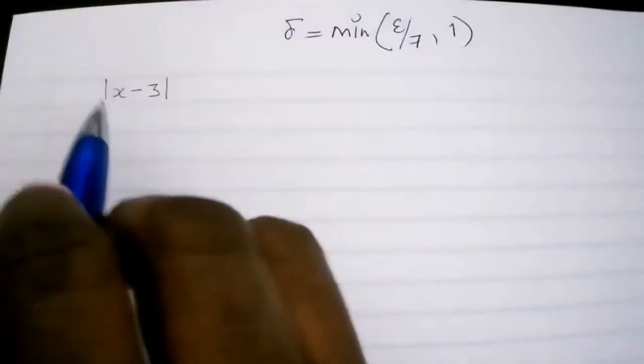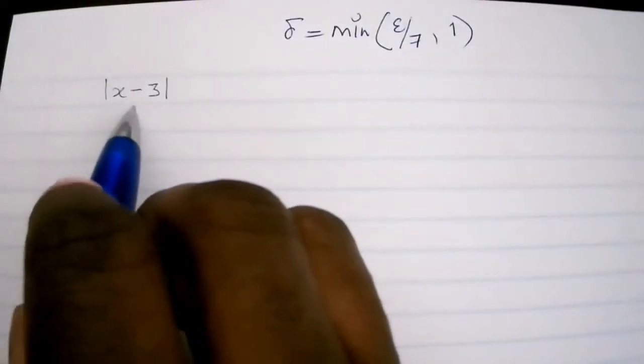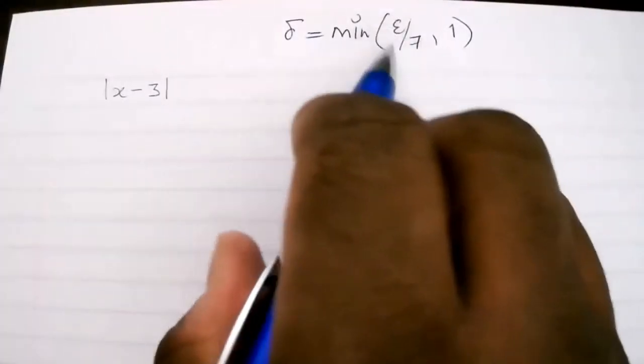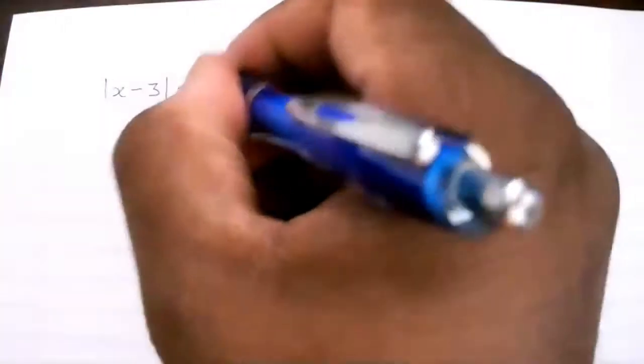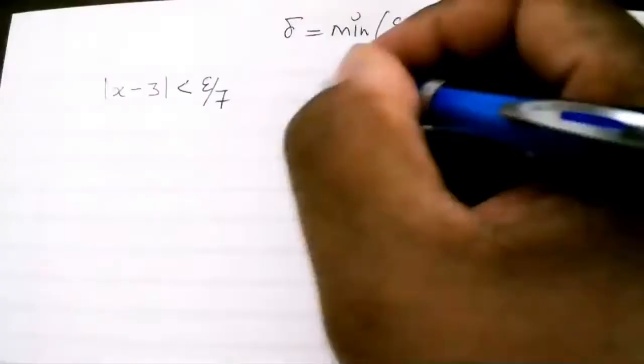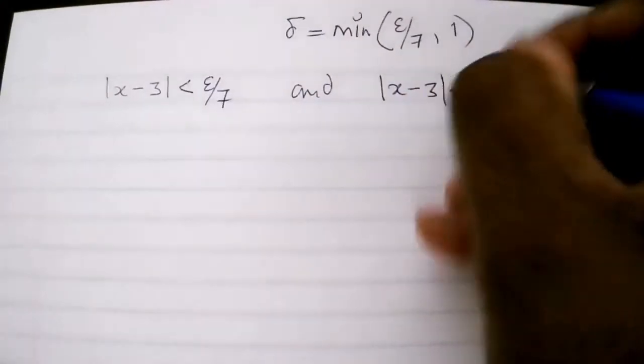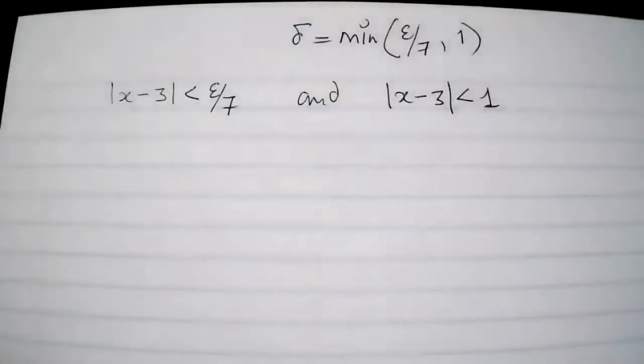So the first assumption is that absolute x minus 3 is less than our delta, epsilon over 7, and x minus 3 is less than 1.